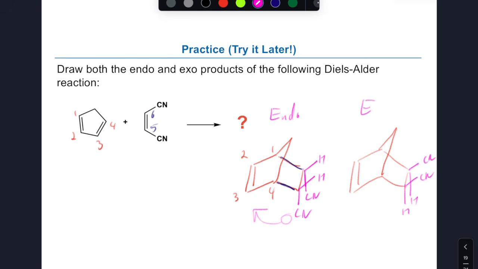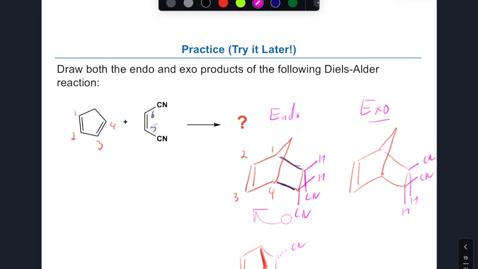If you wanted to draw those in line bond, this one here corresponds to looking down from the top. I would have this up, up. So both of these would be, let's say, wedge like this, and dash, CN, dash, CN.